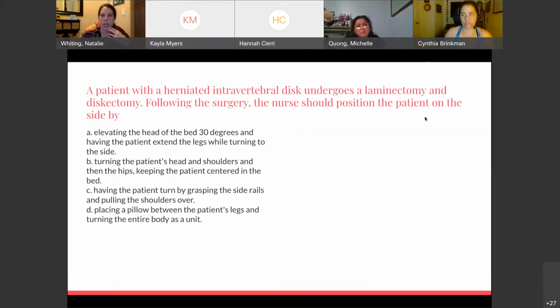Following the surgery, the nurse should position the patient on the side by: A, elevating the head of the bed 30 degrees and having the patient extend the legs while turning to the side; B, turning the patient's head and shoulders and then the hips, keeping the patient centered in the bed; C, having the patient turn by grasping the side rails and pulling the shoulders over; or D, placing a pillow between the patient's legs and turning the entire body as a unit.